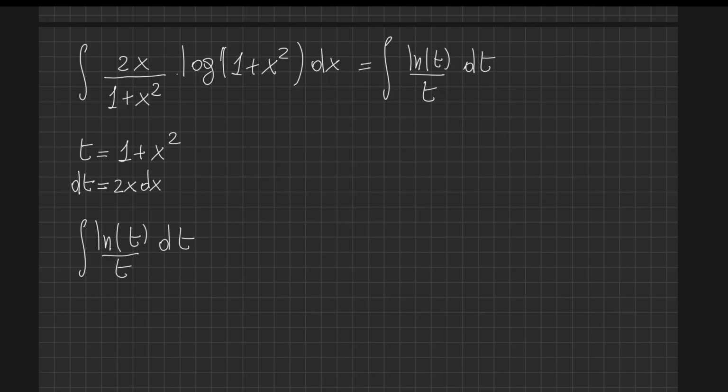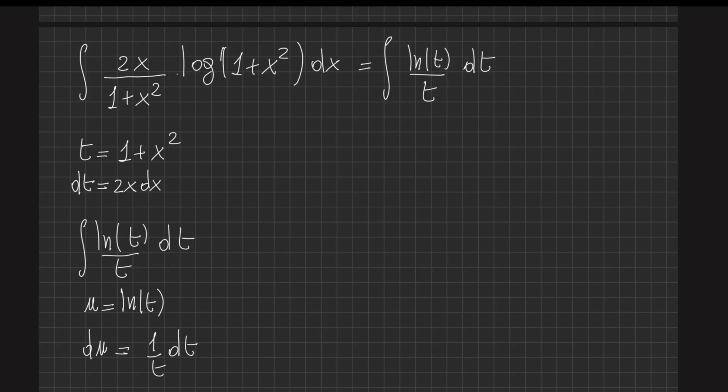And now let's notice that if I set u equal to the log of t, and I try to compute the differential in this case, on the left hand side I still get du, and this has to be equal now to the derivative of the log of t with respect to t, and the derivative of the log of t is 1 over t dt.